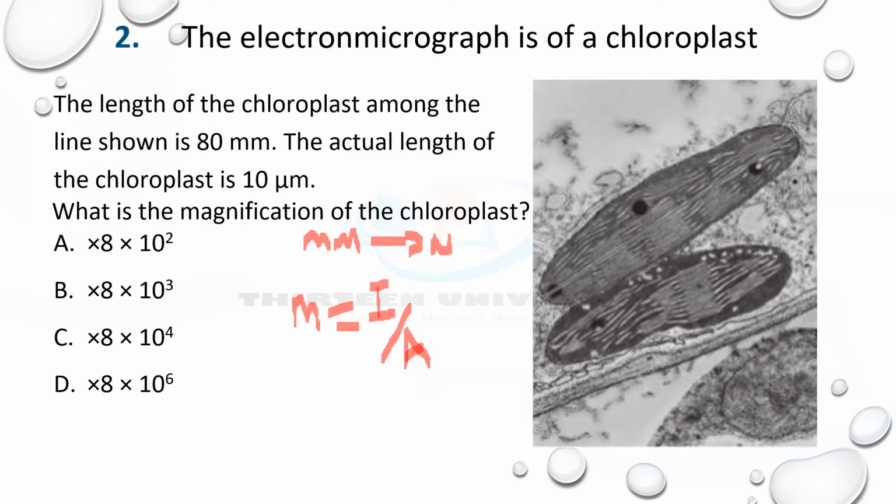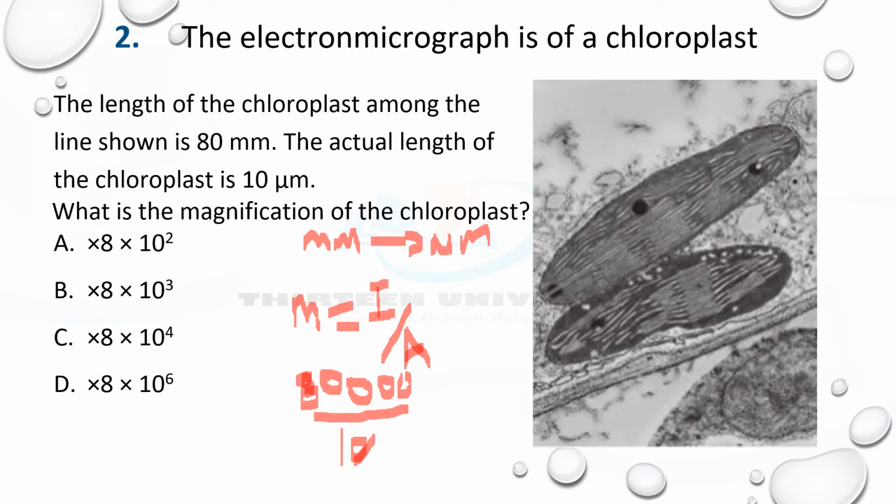So 80 millimeters times 1000 will give you 80,000 micrometers, all over actual size, which is 10 micrometers.